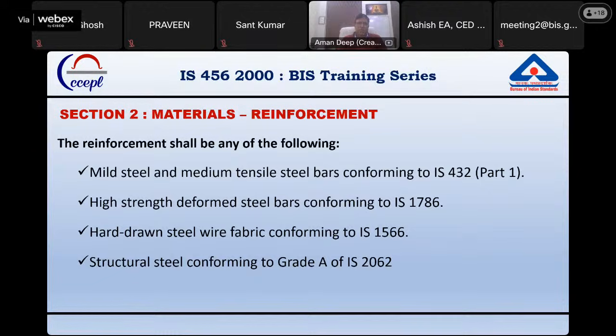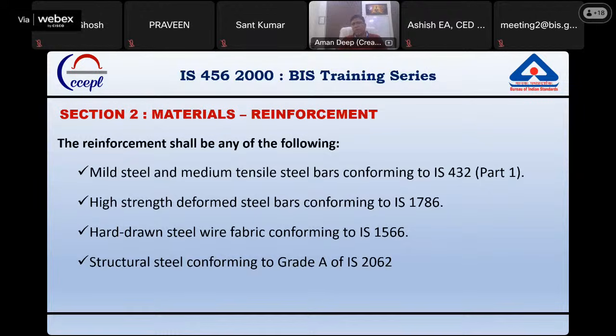Now, if we talk about IS 1786, it is the most popular standard today, and most of the steels are conforming to IS 1786. And in IS 1786, there are different grades of steel. Generally, earlier we were using Fe 415 grade, 415 newtons per mm square strength grade.